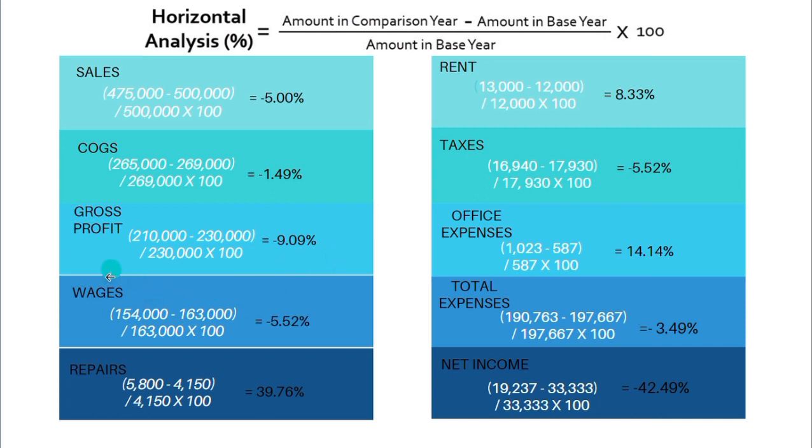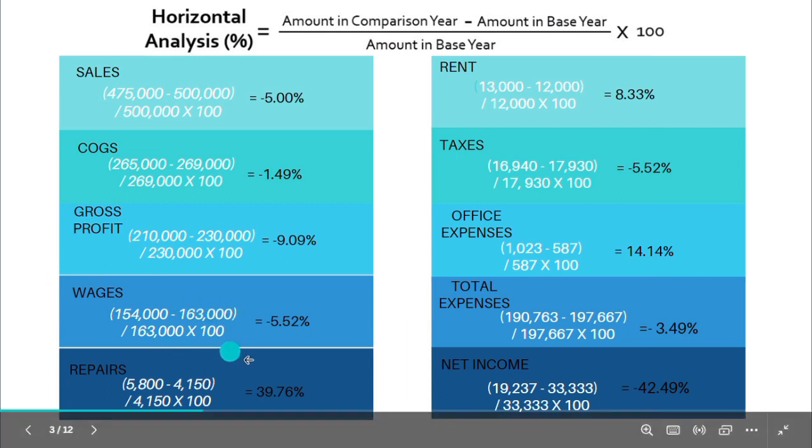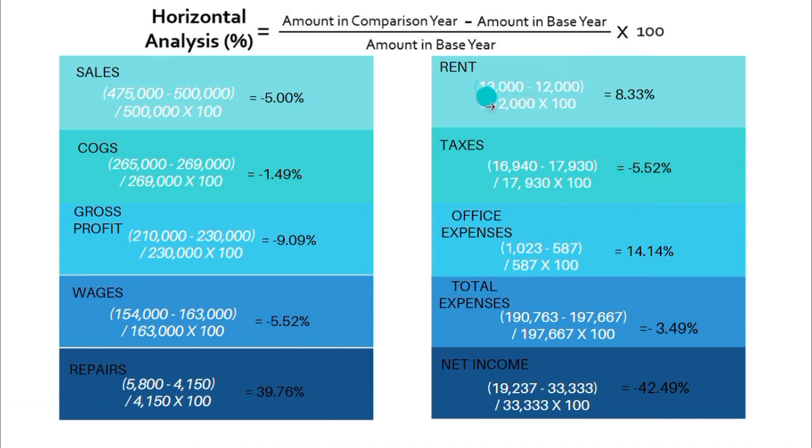To get the wages, 154,000 minus 163,000 divided by 163,000 times 100, resulting in negative 5.52%. For repairs, 5,800 minus 4,150 divided by 4,150 times 100, resulting in 39.76%. For rent, 13,000 minus 12,000 divided by 12,000 times 100 equals 8.33%.